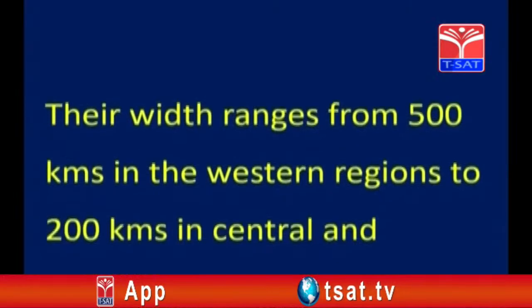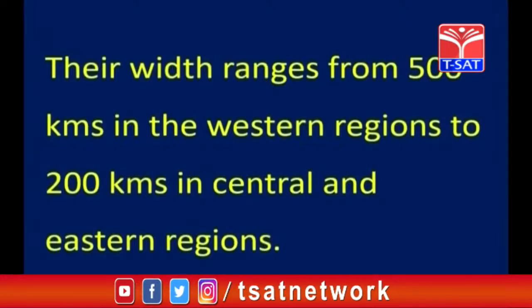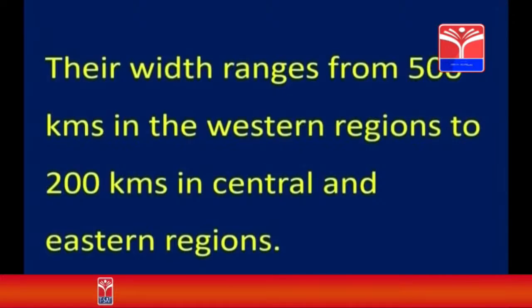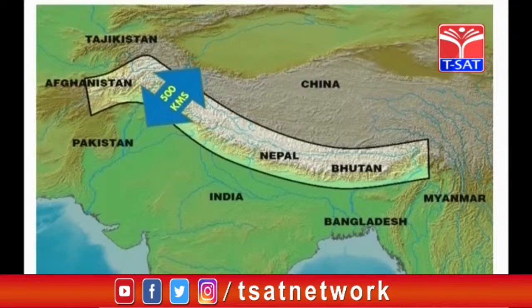Their width ranges from 500 kilometers in the western regions to 200 kilometers in the central and the eastern regions. Means the width varies from one place to another, but the maximum width we can see is 500 kilometers and the minimum width is 200 kilometers in the eastern regions. This is the width of the Himalayas.